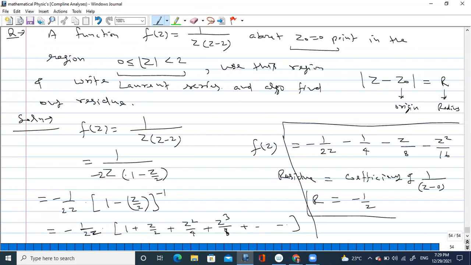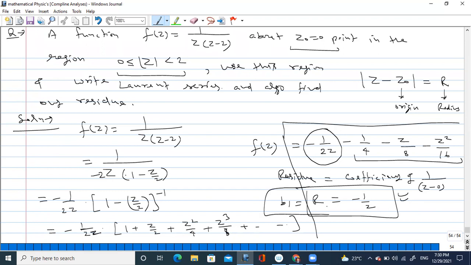So like this you will find the residue, and finding the residue is very, very important. Okay. So this is a Laurent series in which this is the principal part, the non-analytic part only. Otherwise these all are the analytic part. This is the Taylor series, and this portion is the principal part of the Laurent series, and it will give you the B1 value, which means the coefficient of 1 upon z minus z0. Note down this.